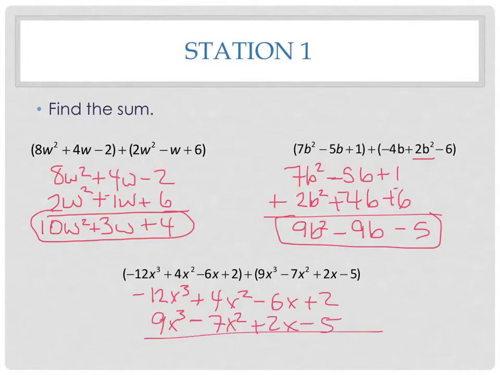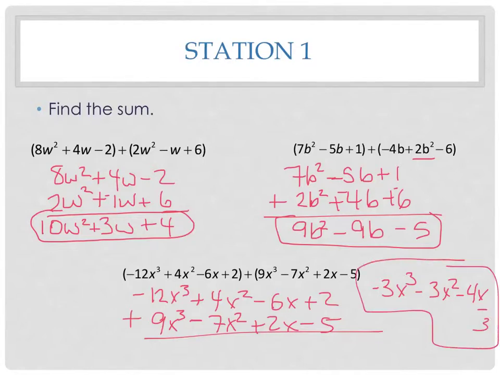So here we're going to get negative 12 plus 9x is going to be negative 3x cubed. 4x squared minus 7x squared is going to be minus 3x squared. Negative 6x plus 2x would be minus 4x. And then negative 2 plus a negative 5 would be negative 3. That would be the sum for that one.